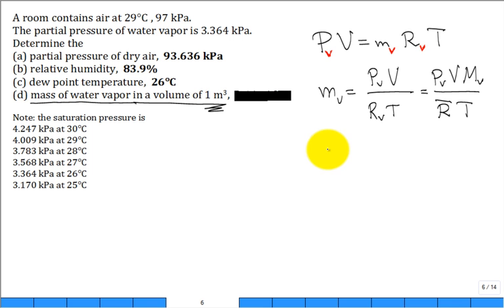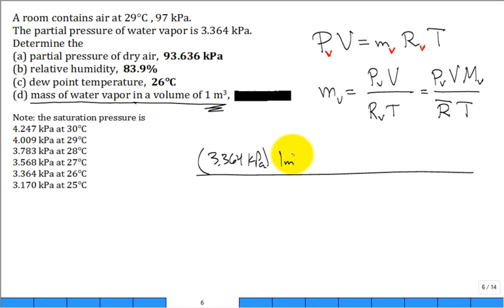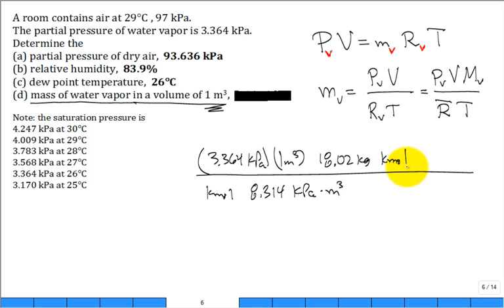But when we substitute, I hate to belabor anything too much, but the partial pressure of the vapor, 3.364 kilopascal. The volume, 1 meter cubed. The molar mass, 18.02 kilogram per kilomole. Then the R bar, 8.314 kilopascal meter cubed per kilomole Kelvin.